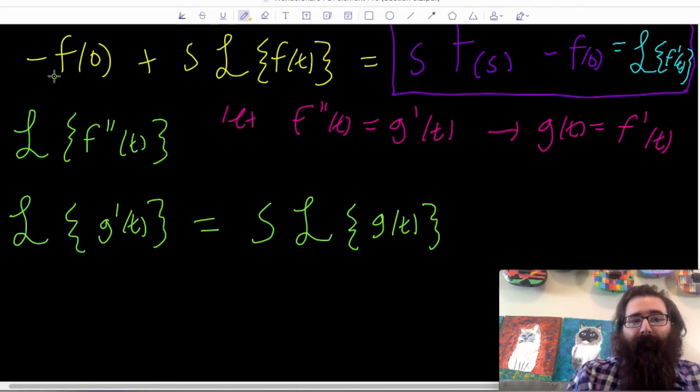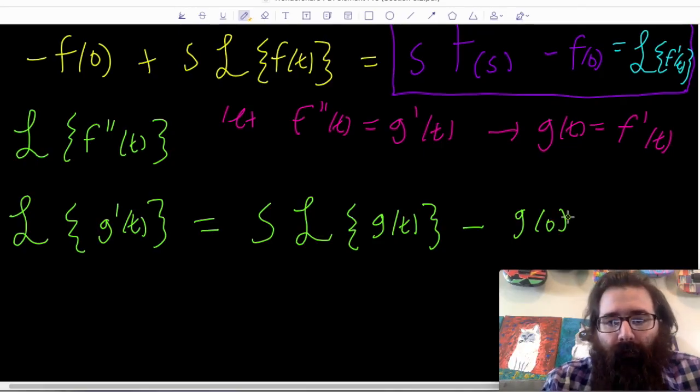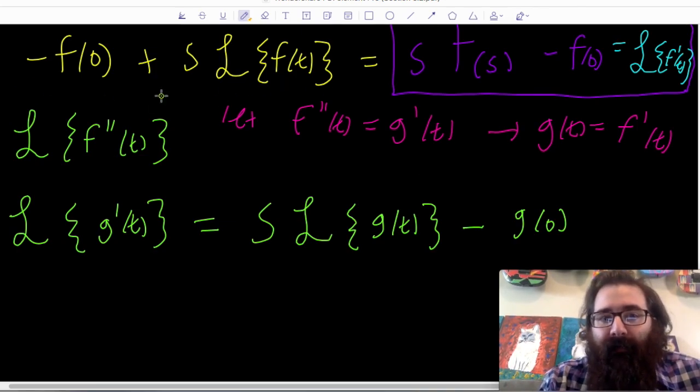And then it's going to be minus, and since I'm using g prime, this would be little g at 0. So using these two substitutions, replacing f double prime with g prime and then expanding out, I'm thinking about that in terms of g instead. I have g prime, and then instead of mentioning f, I would be mentioning g here.